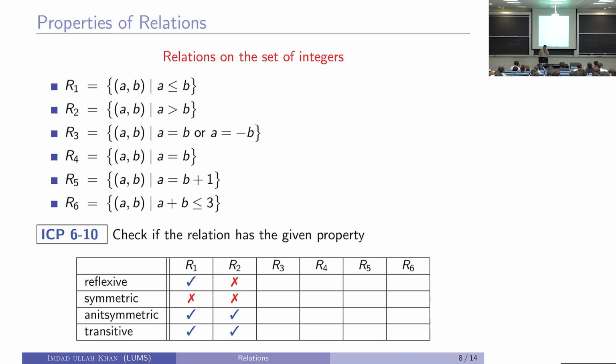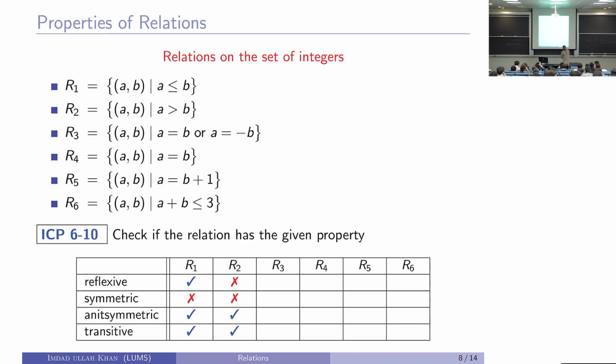Okay, where were we? R3 is antisymmetric? Why not? Why is R3 not antisymmetric? Give me one example. If you say no, you only need to come up with one counterexample. If you say yes, then you have to say for all.